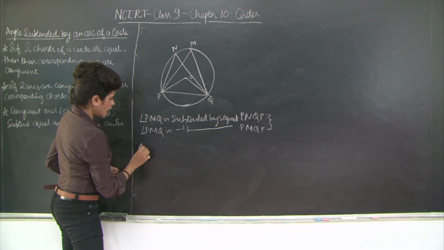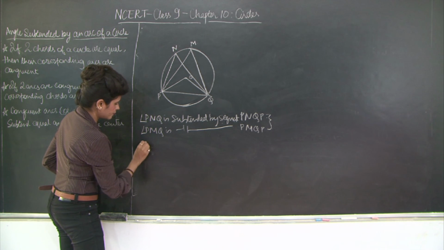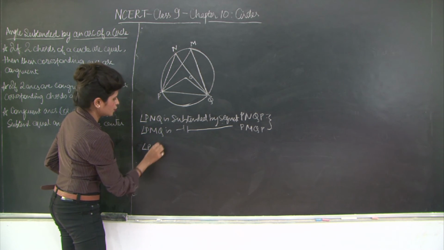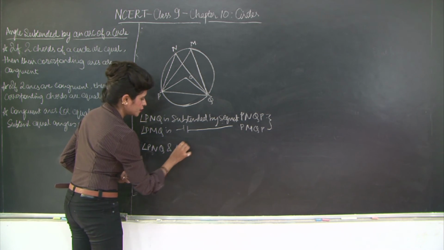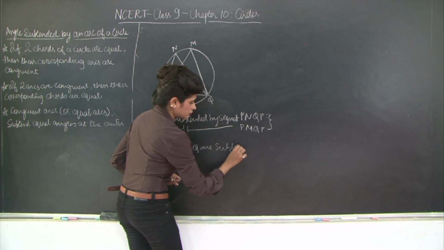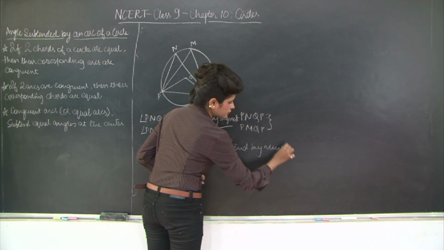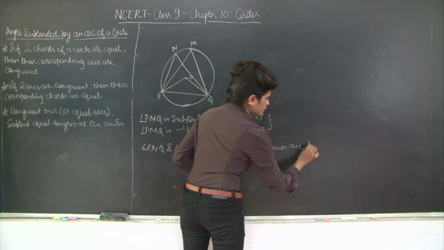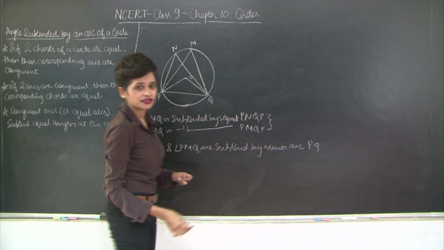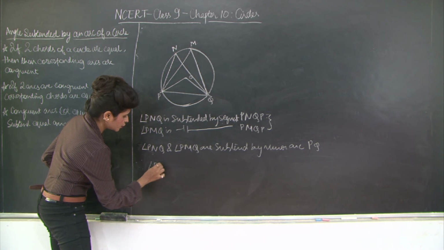Now angle PNQ and angle PMQ are subtended by minor arc PQ, correct?